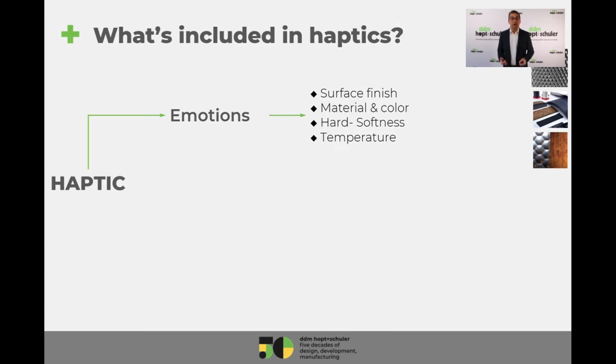Fourth, the temperature. Should a knob be cold, or should it be at environment temperature, or hot? All these soft facts are very responsible for the feeling when you first get in touch with the appliance. And remember, a decision can be taken within the blink of an eye.